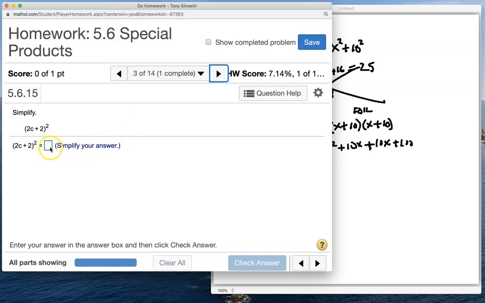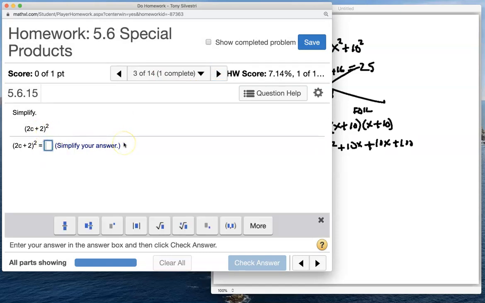I'll do this one. You know what this is? This is what this is. I'm going to do it in here. 2c plus 2. That bundle gets multiplied by itself. That's what 2c plus 2 squared is. So when I go ahead and do a FOIL, first terms, 4c squared. Okay, outer, 2c times 2 is plus 4c.